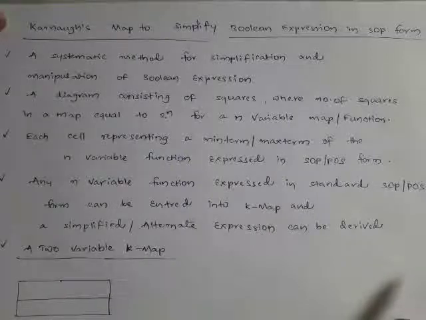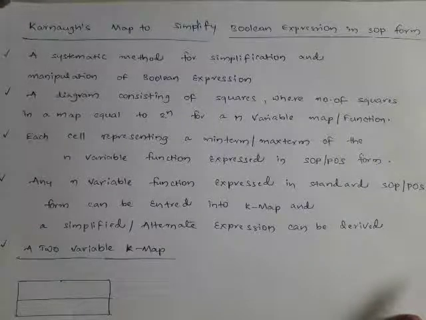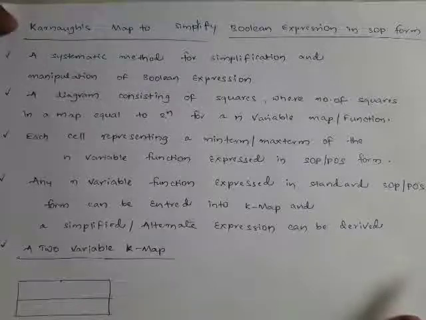Then what does each cell or square represent with respect to the function? Each cell represents either a minterm or a maxterm for an n variable function.